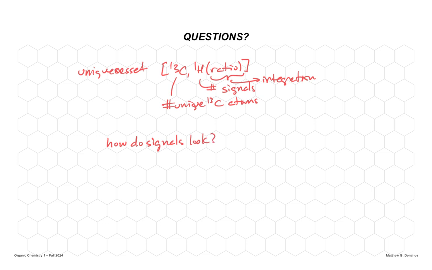So how do the signals look? That's called multiplicity. And that is due to the neighbors.